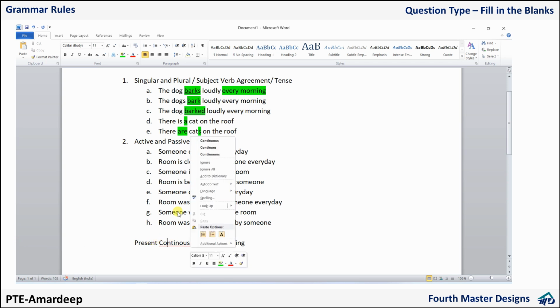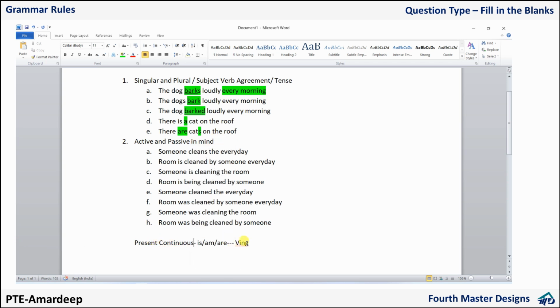Now, students know that if it is present continuous, it is your fourth form, ing. But here, if you see, with is you have ing, but with is you have the third form also.